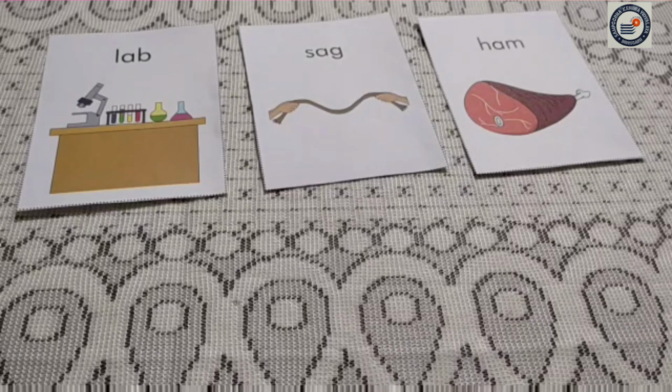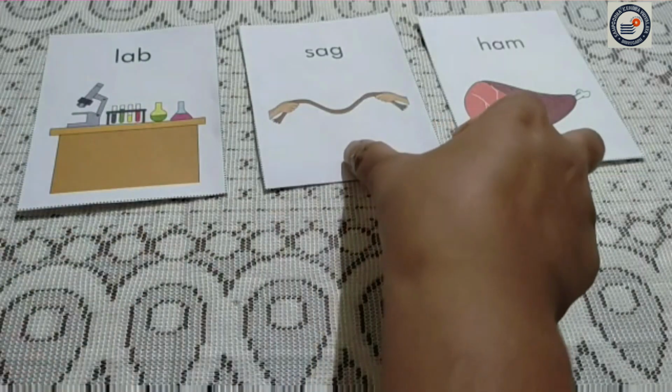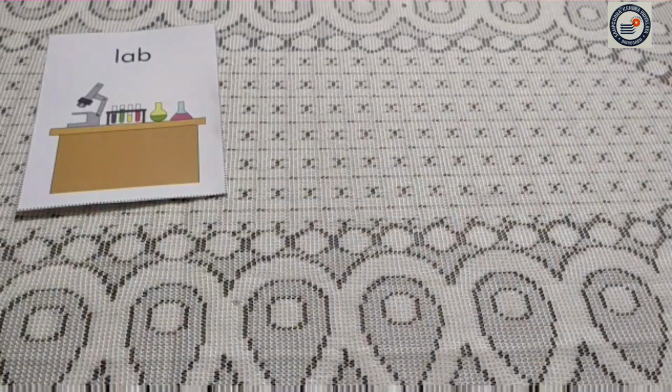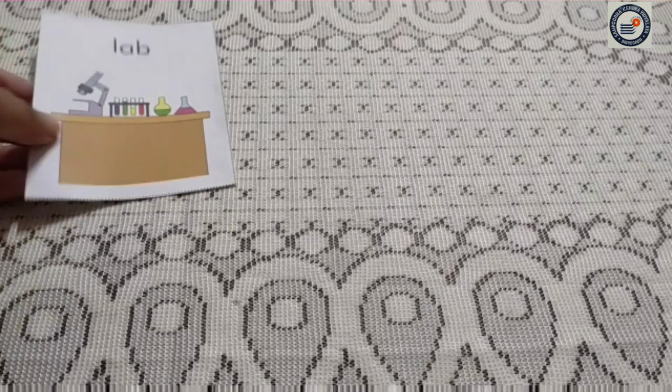Okay, so now we will first arrange the flashcards of the ab sound. Let us arrange the family words of the ab sound. What will I take? The flashcard L, isn't it?